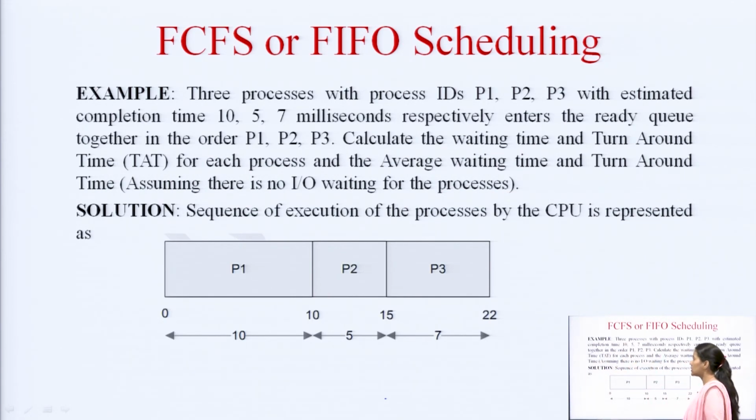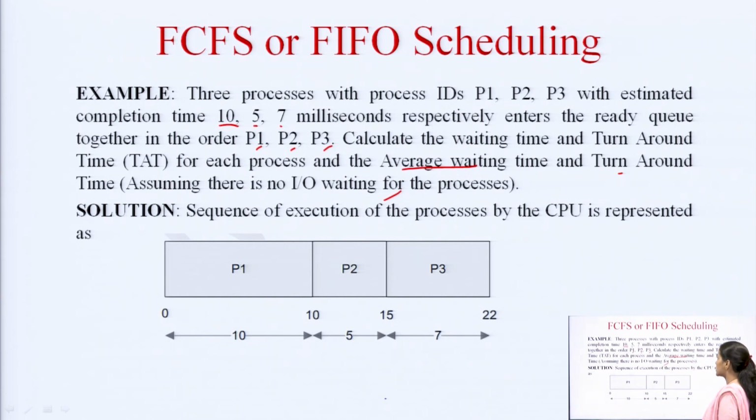We will understand this scheduling algorithm with an example. Three processes with process IDs P1, P2 and P3 with estimated completion times of 10, 5 and 7 milliseconds enter the ready queue together, in the order first P1, then P2 and P3. Calculate the waiting time and turnaround time for each process and the average waiting time and turnaround time, assuming that there is no input output waiting for the processes.